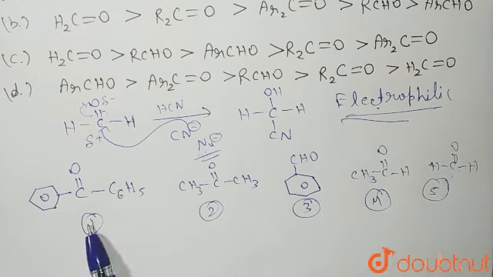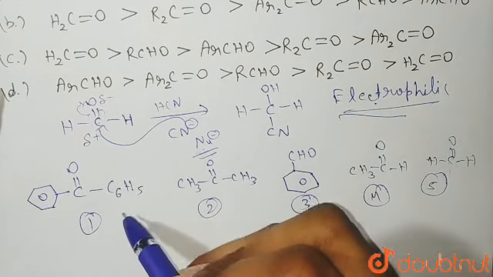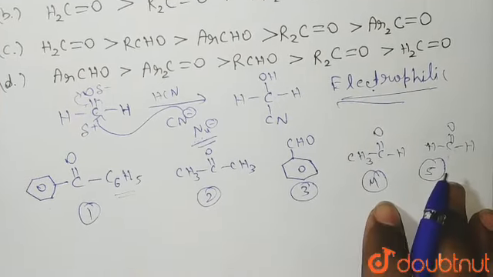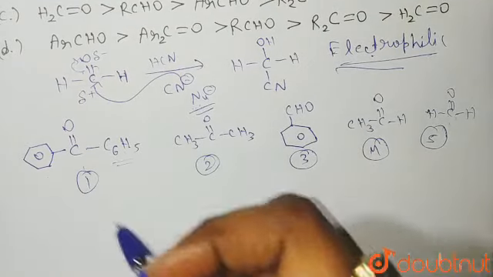Now come to this one. Here we have two benzene rings, C6H5.